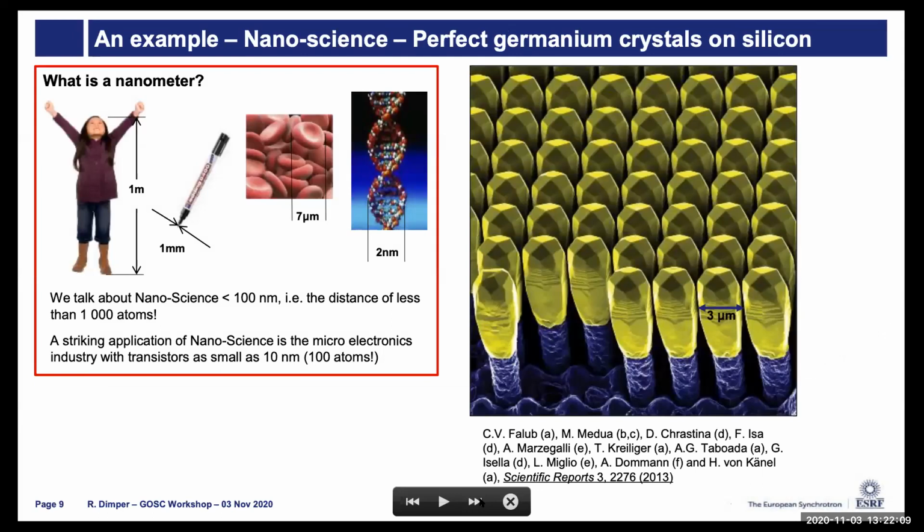Just one example to highlight what we are doing. One of the, let's say, more prominent examples is nanoscience. You would like to know how matter is structured. You could look at living material as you can look at inorganic material. And here on the right-hand side, you see monocrystals of germanium crystallizing on a substrate.